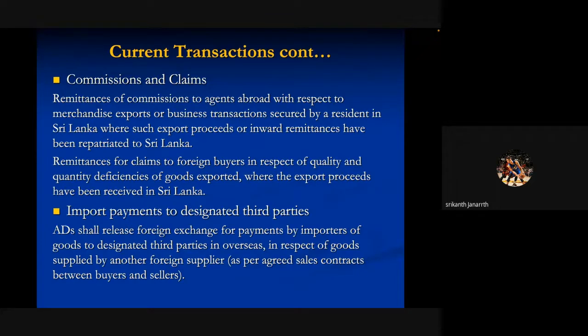There are claims. What do you mean by claims? Claims could come when you export. Sometimes when you export, there are deficiencies in the goods. Let's say you have sent fresh fruits and vegetables to the Middle East.